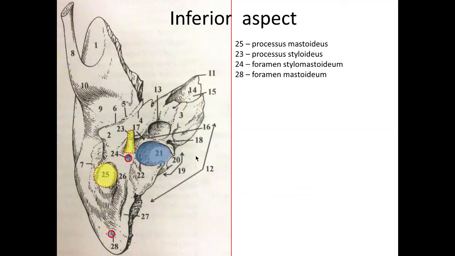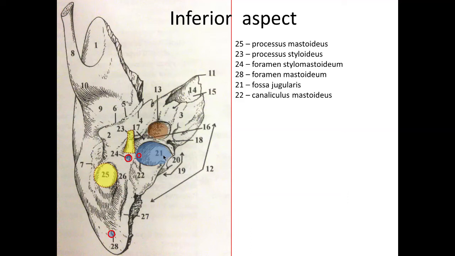It is very important, fossa jugularis, number 21. And anteriorly to it and laterally inside of it, we can find number 22, canaliculus mastoideus. So this is inside of fossa jugularis.